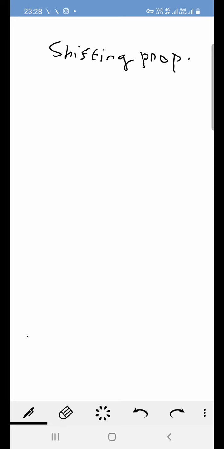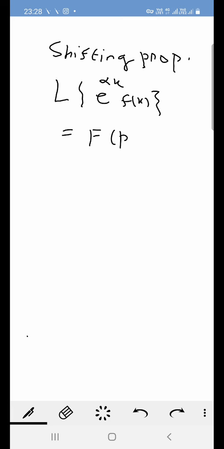It says that the Laplace transform of e to the power alpha x f(x) is equal to F(p minus alpha). That means the shift gets reflected in the Laplace transform.